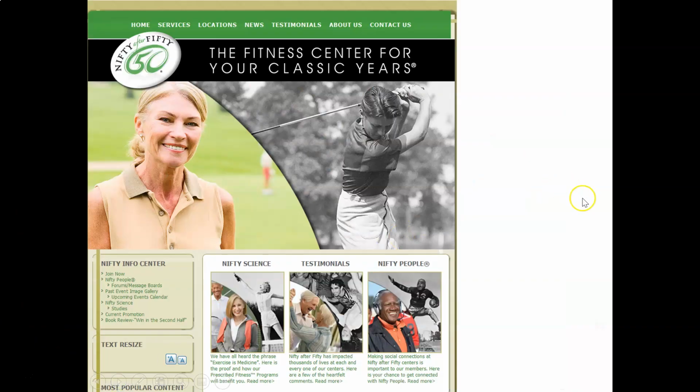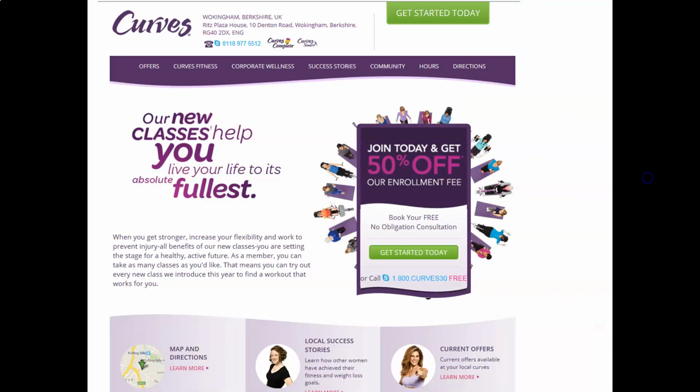Another example here is Nifty at 50, which is another kind of club aimed at older people. Again, in the US. In the UK, we haven't really got this. This hasn't happened yet. But in the US market, this does happen. So what other examples have we got?